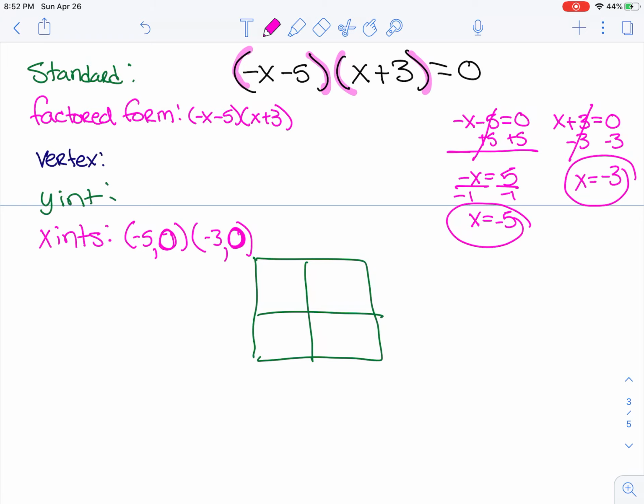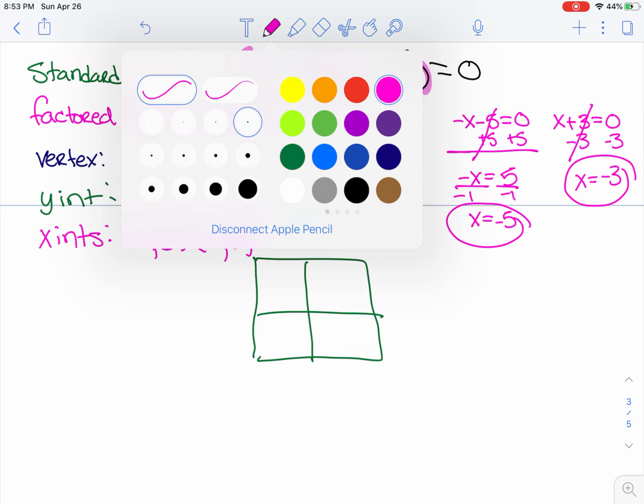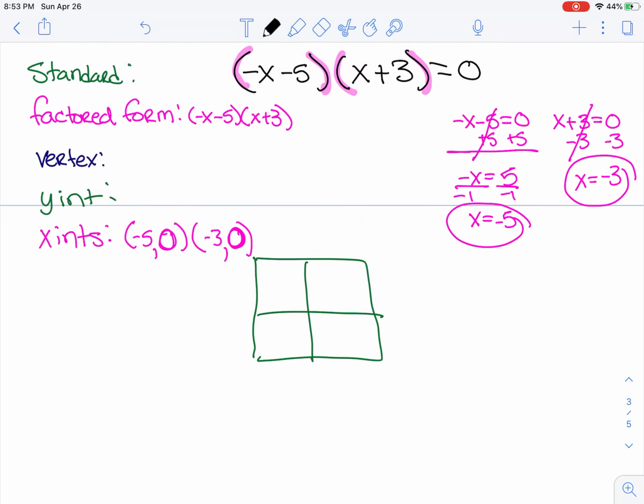Now, for practice, because I'm also giving you from factored form to standard, you need to put those parentheses on the outside. Notice that I'm always drawing in those signs. Really important.